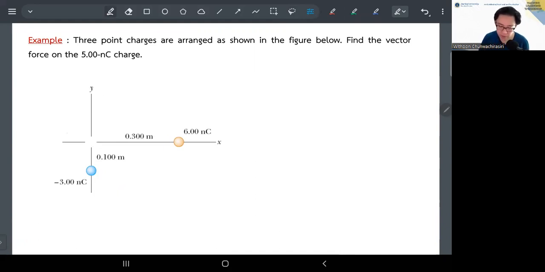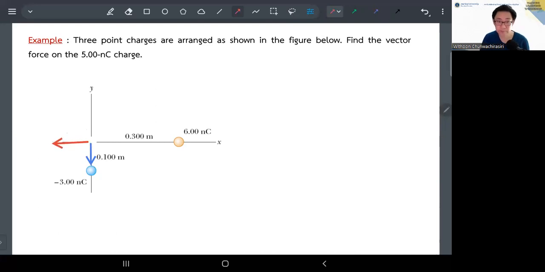So let's start from the blue. The blue is negative, so that means the field will point towards it. Now look at the orange one, the 6 nanocoulomb. It is a positively charged particle, so the electric field will point away from it.